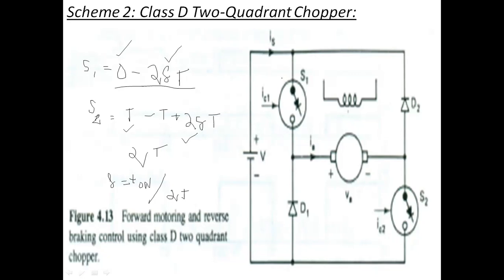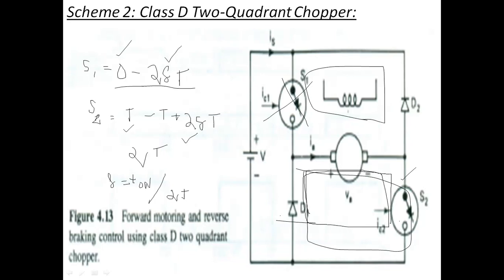The armature current will flow through S2 and D1. Here also VA is equal to 0 in this loop. So in both cases VA is equal to 0.